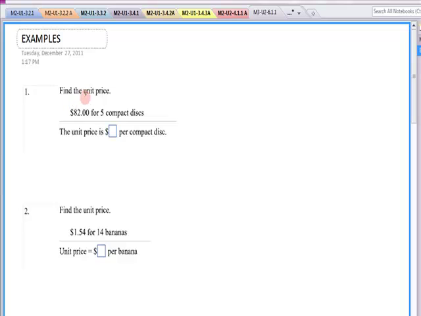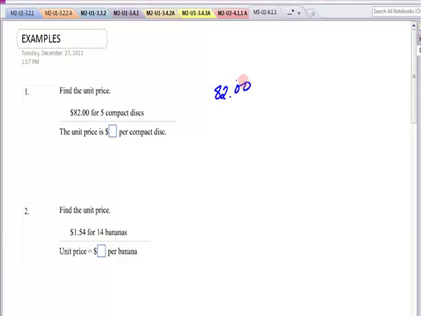All right, number 1 says to find the unit price. $82, money goes on top, per or for 5 CDs. To get the unit price, we're going to divide. So take 82 divided by 5, and I get $16.40 per CD.